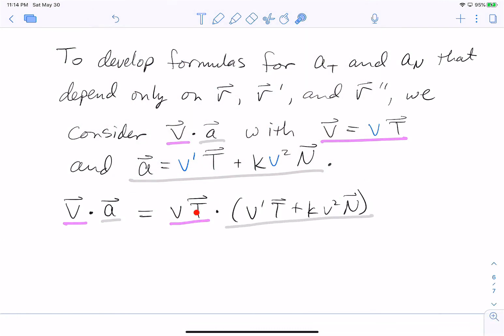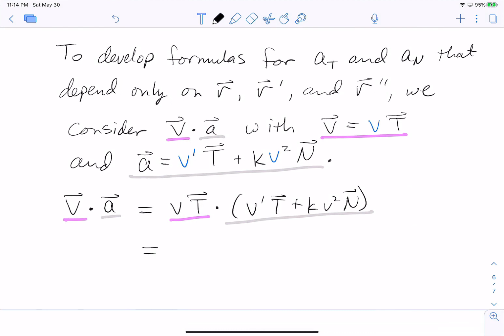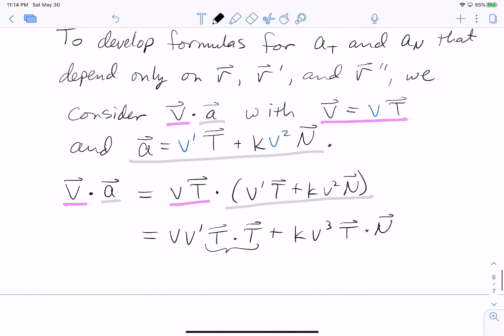The dot product distributes over addition, and so this expression becomes v v prime T dot T plus k v cubed T dot N. Since the magnitude of T is 1, T dot T, which is the magnitude of T squared, is equal to 1.